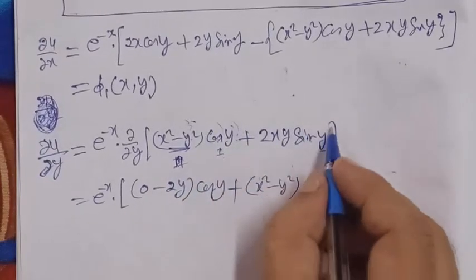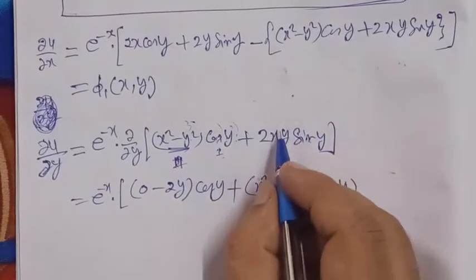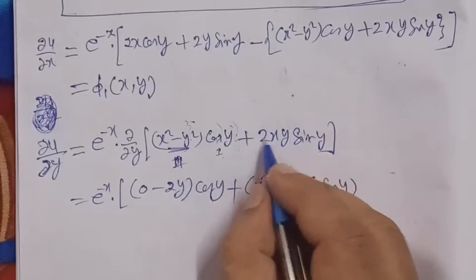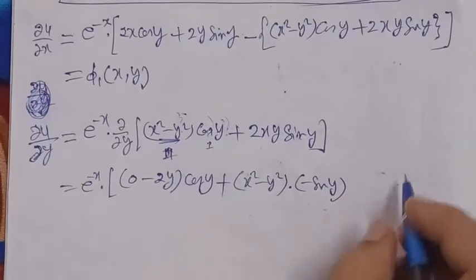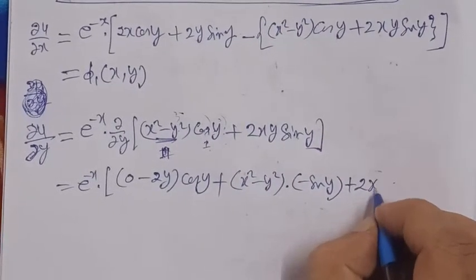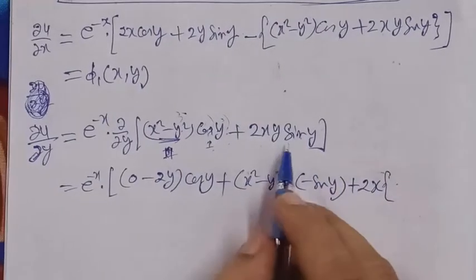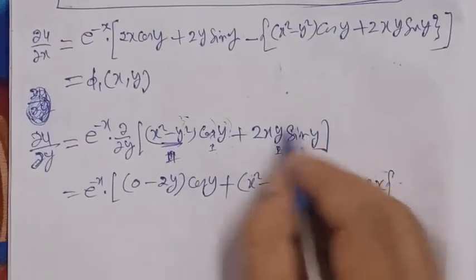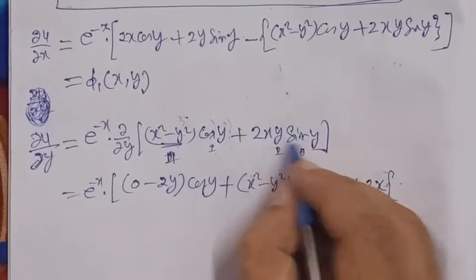Now we go to this value, and also here 2x is a constant for y, so we take it outside the bracket, curly bracket, and apply first and second function, differentiation of two functions.